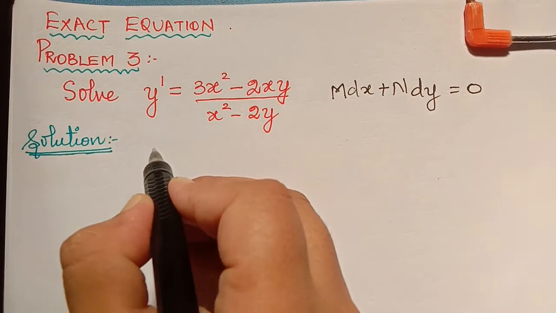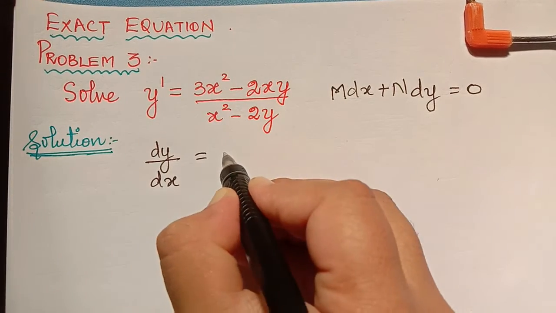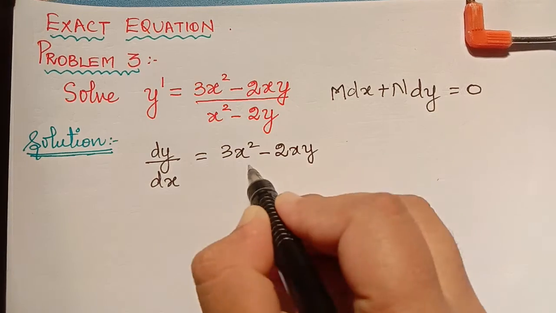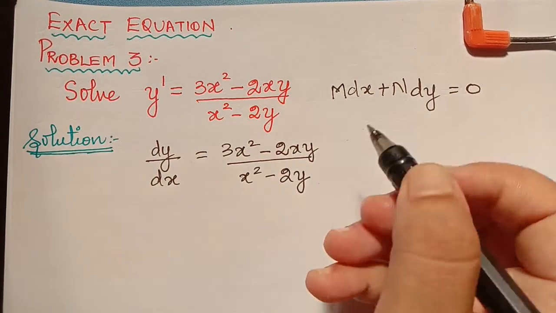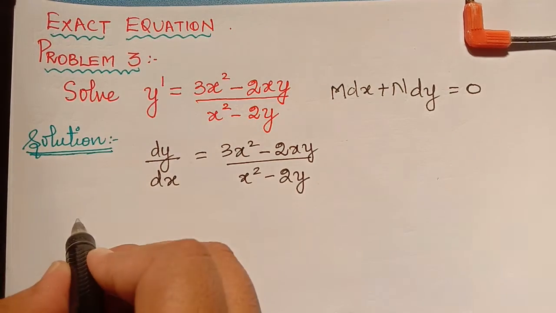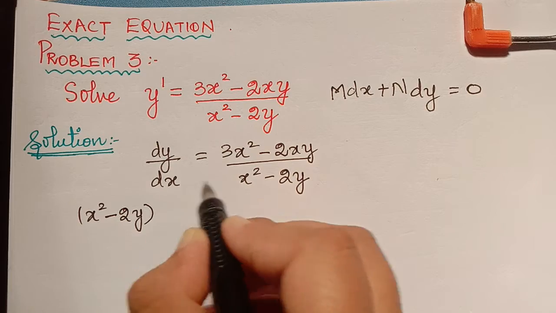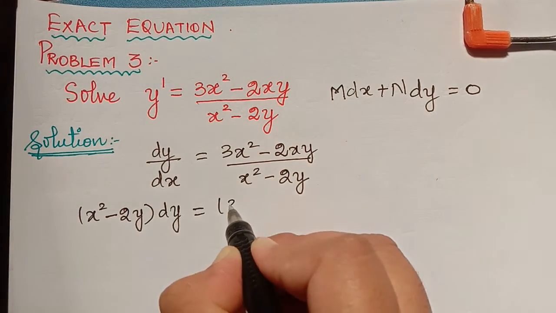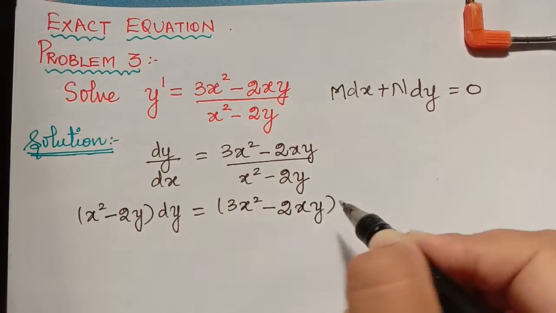Now y dash can be written as dy by dx is equal to 3x squared minus 2xy divided by x squared minus 2y. So cross multiplying on both the sides, we get x squared minus 2y dy is equal to 3x squared minus 2xy dx.